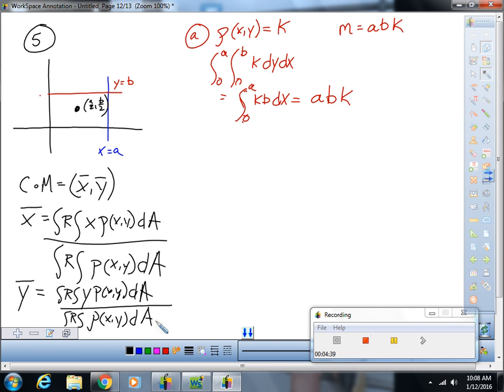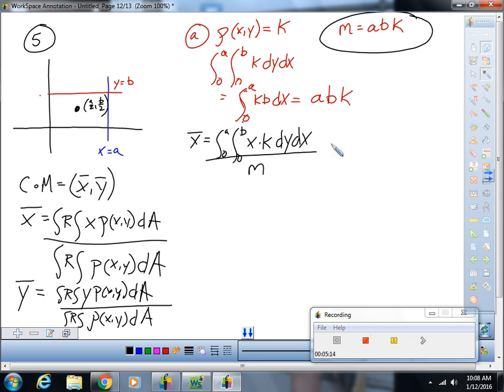Okay? So, we already know that our mass is ABK. We're going to have to remember that. So for our x bar, it's the double integral from 0 to A, 0 to B of x times k dy dx all over m.